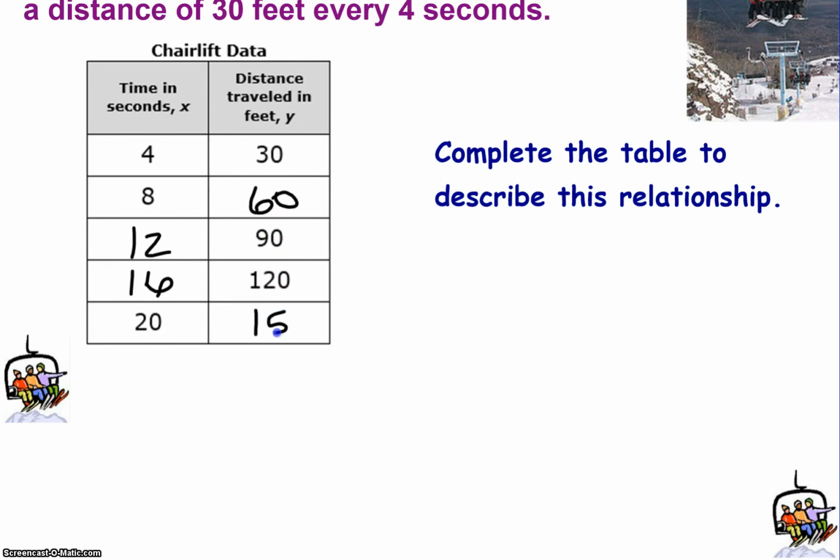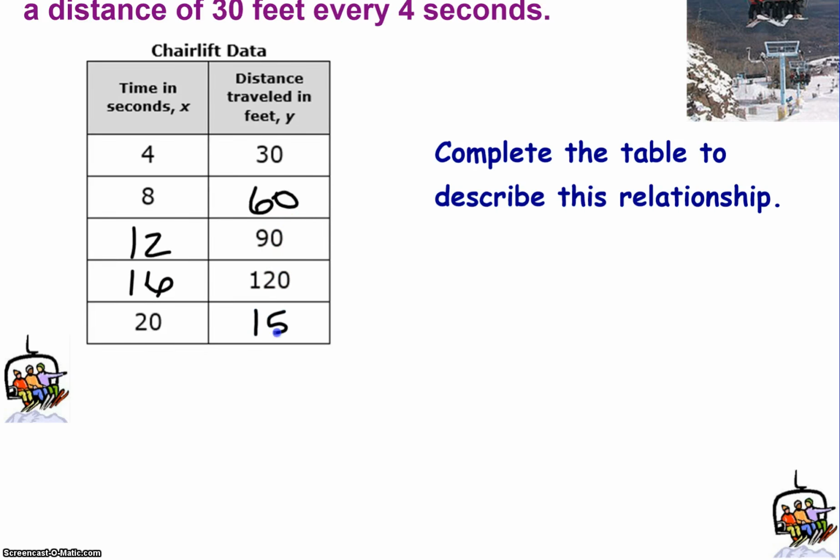Determine the unit rate in feet per second, and to do that you take y divided by x, and again use a highlighter, circle something, but you need to choose which one you're going to use. So I am going to use that one.